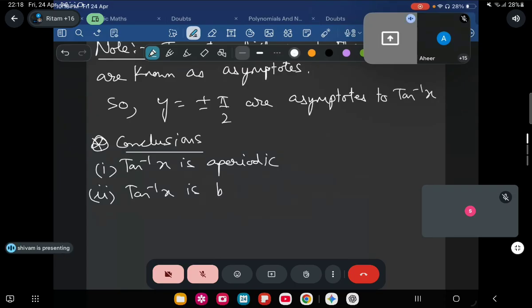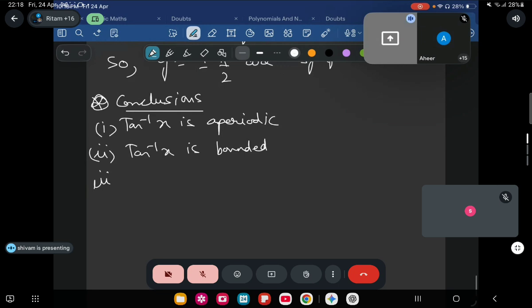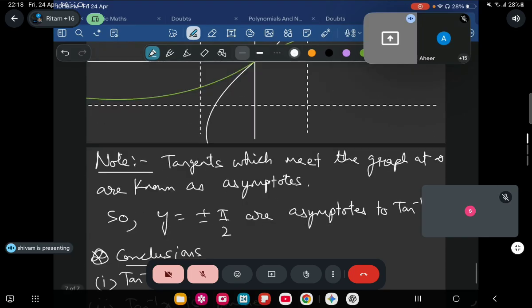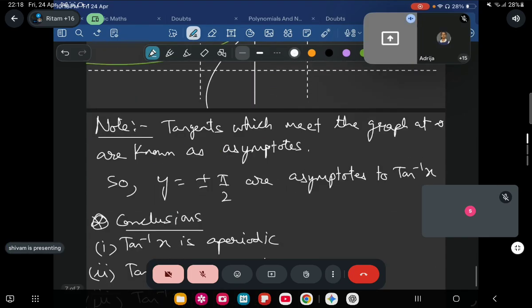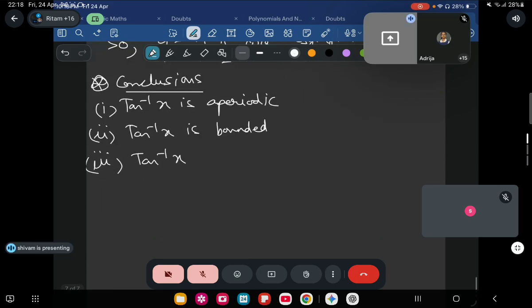Next, number 2. Of course, it is bounded. Tan inverse x is bounded. Next, number 3. Is it odd or even? By looking at the graph, tell me. Odd. Tan inverse x is an odd function. Next.